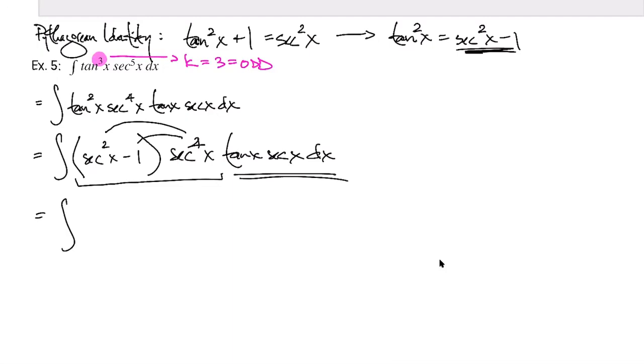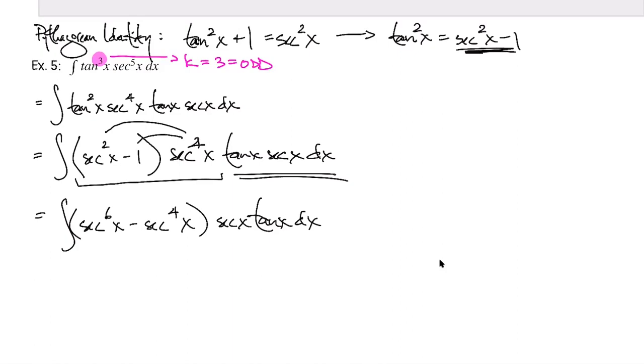This gives me secant to the 6th x minus secant to the 4th x, and then I've got a secant x tangent x at the end. The reason I switched the order of the tangent secant at the end is because it's the same thing, like 2 times 3 or 3 times 2. But secant tangent reminds me that I've got the derivative to take care of my du.